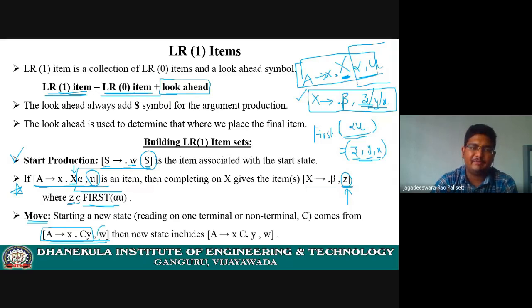And you perform some moving of the dot operator. Means you are making some go to function, or you may perform some shift action, whatever it may be. You are moving the dot operator. So the dot operator movement means this dot before the capital C will move to after capital C, like this.